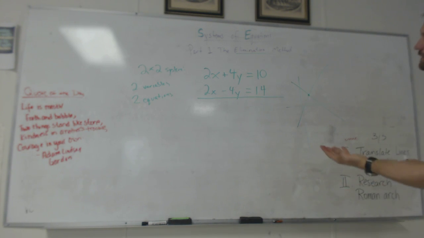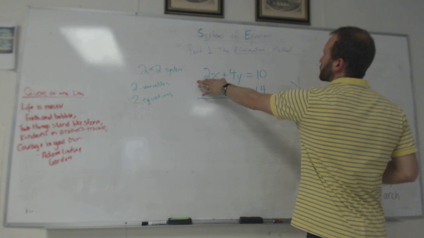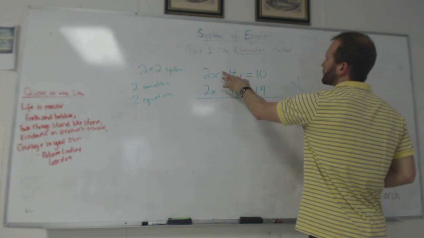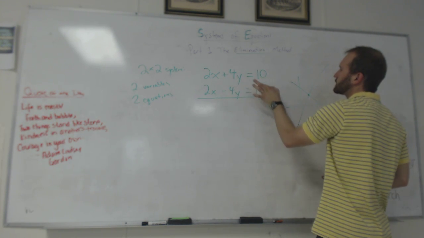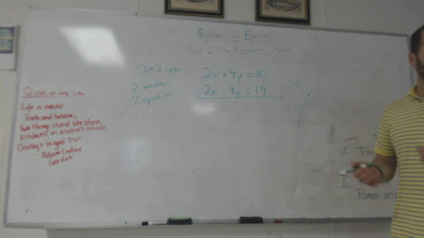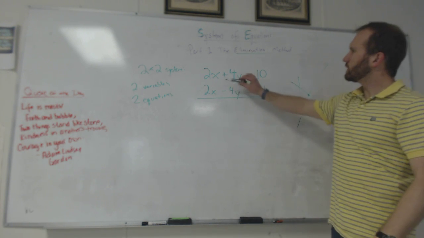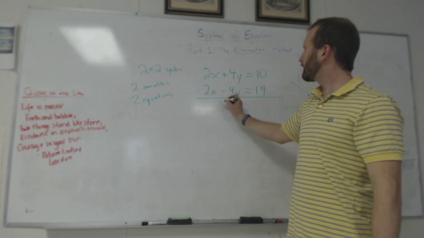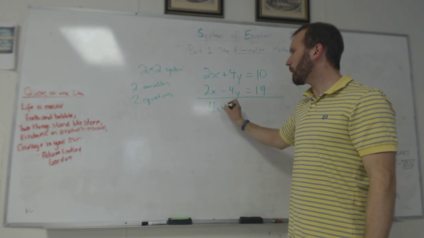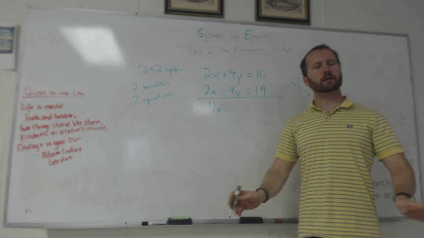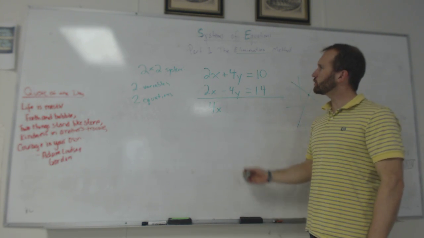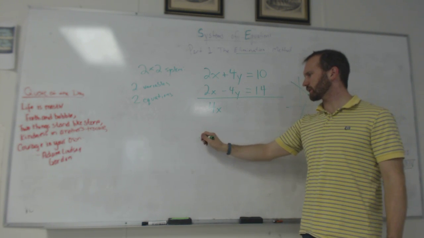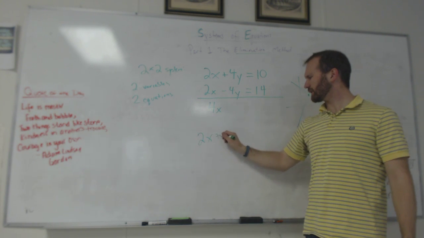So here's how it works. We try to line up our like terms. X is lined up with x's, y is lined up with y's, constants lined up with constants. And we just add. 2x plus 2x is what? 4x to the second power? No. 4x. Right? 2x plus 2x, that's this.